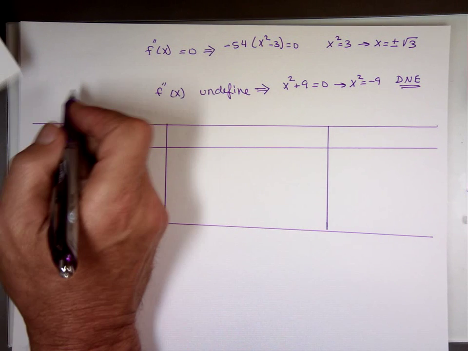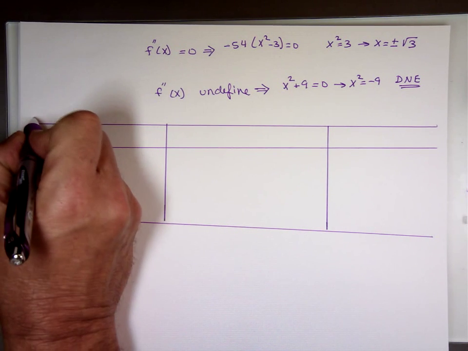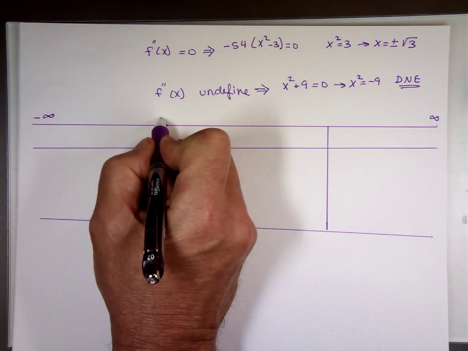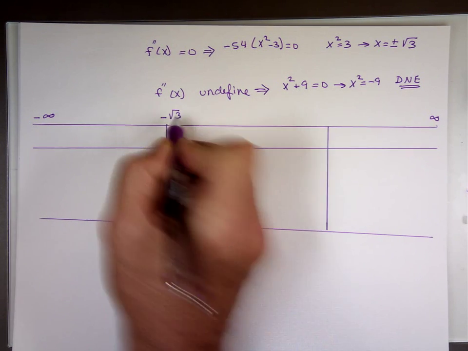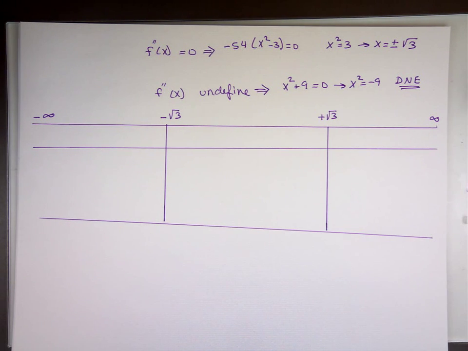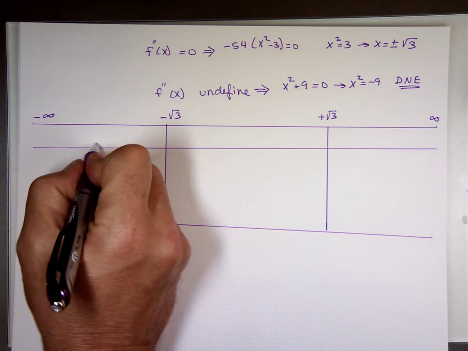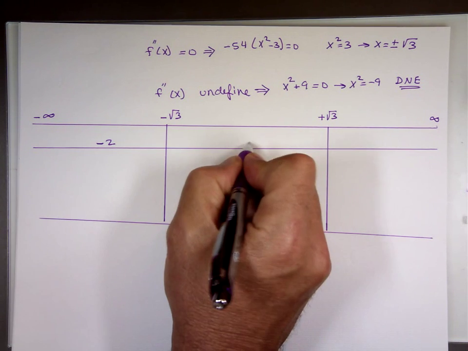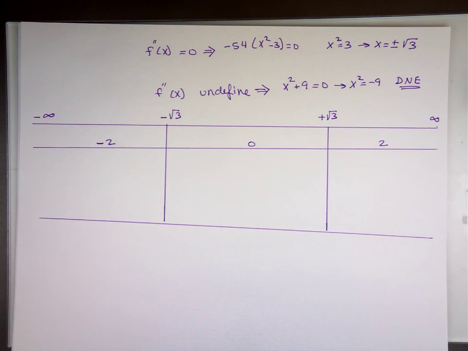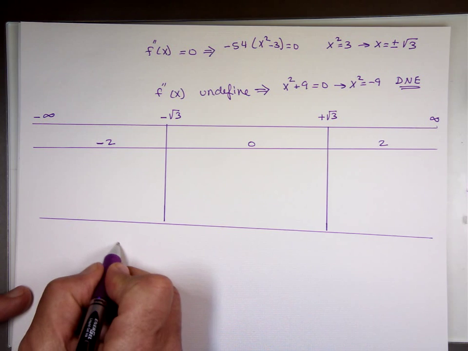The first one is negative infinity to infinity, and we're going to cut it at negative the square root of 3 and positive the square root of 3. Square root of 3 is 1.7, so maybe I'll take a negative 2 here, I'll take a 0, I'll take a 2 for a test point, and plug it into the second derivative. Again, there's my second derivative.